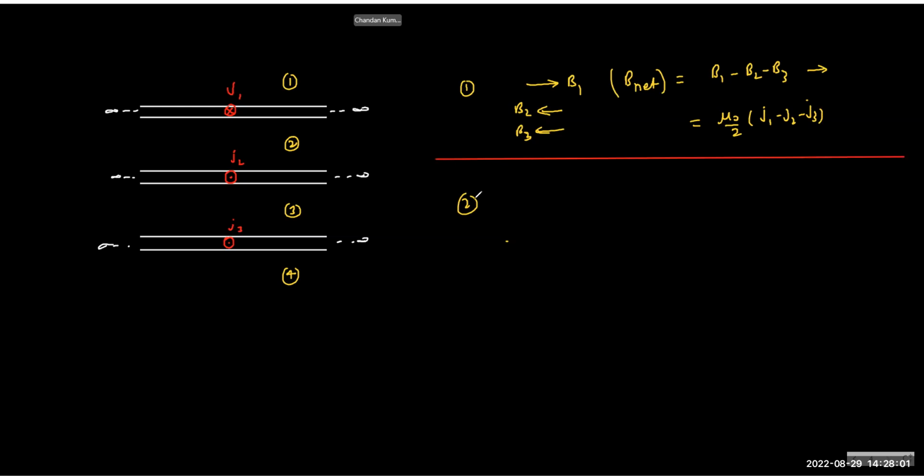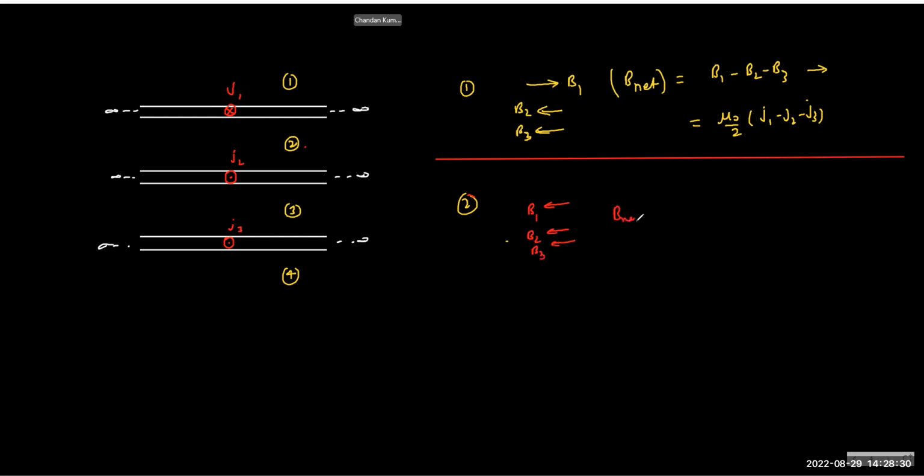So now for 2, are you there? Yes, sir. So for the second sheet, for the second location, the point number 2, J1 will create left because it's below, and J2 and J3 will anyway create left.